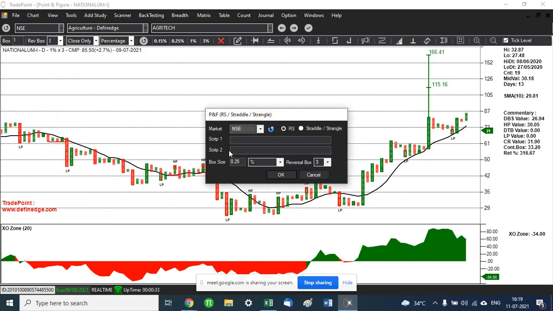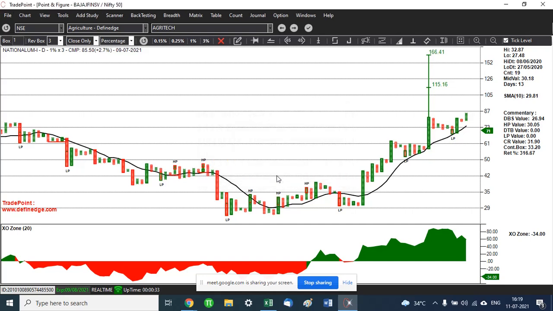You see here. So script 1, supposing we plot, let's say, Bajaj Finserv. Script 2, we are comparing against Nifty always. So we plot Nifty 50. Box size we can take as 0.25%, which is the daily chart, and relative strength.